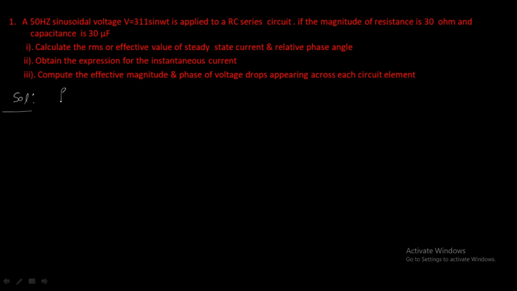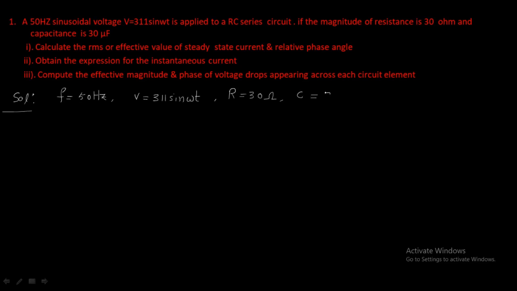He mentioned the supply is 50 Hz and the voltage V equal to 311 sin omega t. This is an RC series circuit, with R equal to 30 ohms and capacitance 30 microfarad.